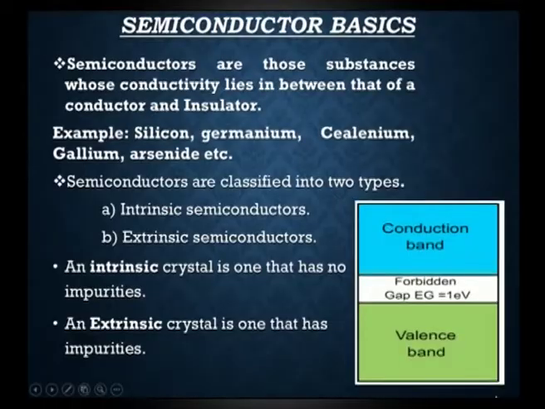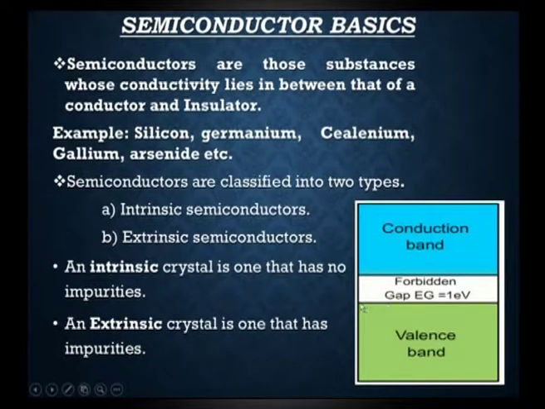In the semiconductor type of material, the energy band diagram will be different from that of an insulator and a metal. In the picture we can see the conduction band, which always lies at the outermost part of an atom, and below that there is a valence band.